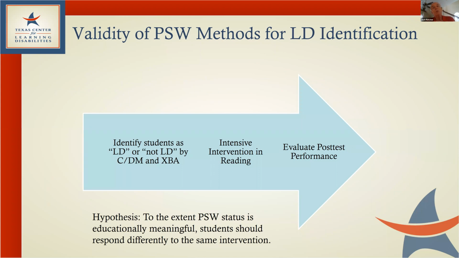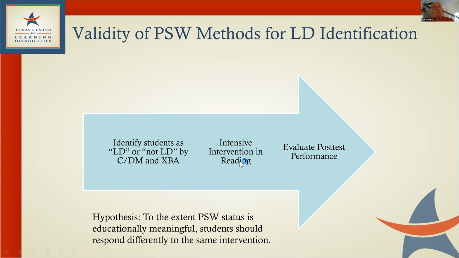We have done a whole series of studies, I'm not going to review them all, that look at the validity of PSW methods for LD identification in relation to instruction. In this particular study, we identify students as LD or not LD by two different methods, the consistency discrepancy method and the cross battery method.